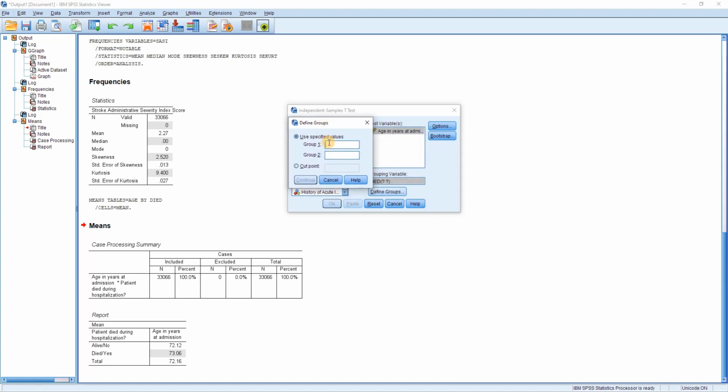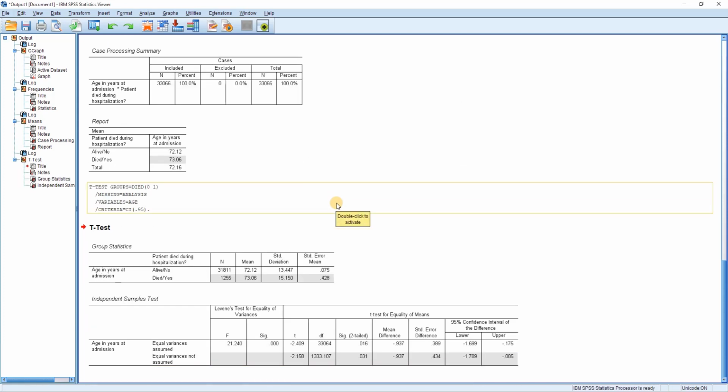So the patients who died and the patients who didn't die in my data set are represented by a value of 0 and a value of 1. The other thing here in the options, the assignment mentions just to leave everything at a 95% confidence interval, which is the default for SPSS, so there are no changes that we need to make here. Excellent. So we'll click OK to run our independent sample t-test here.